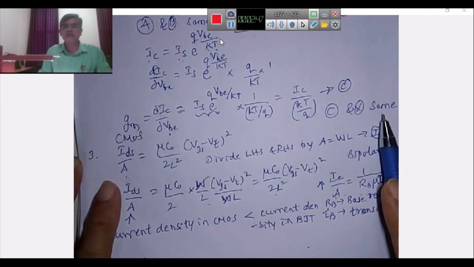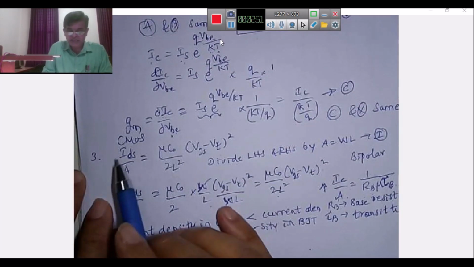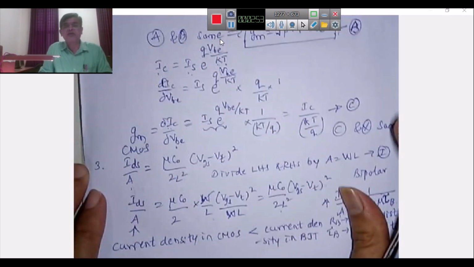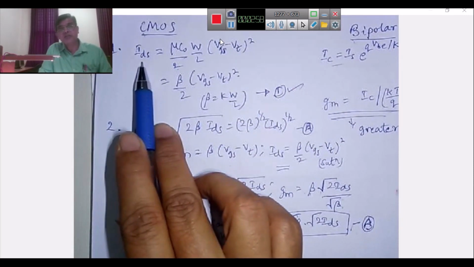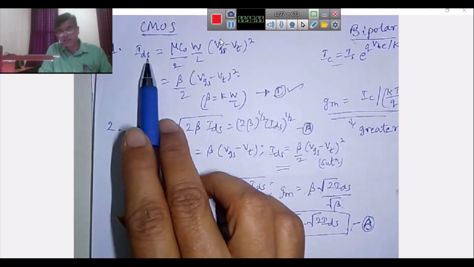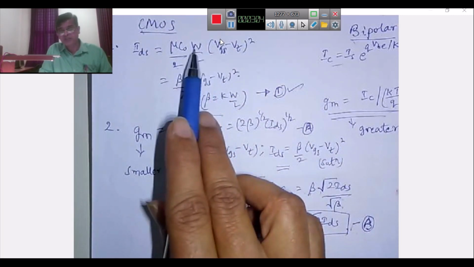Now, the next parameter is current density. Suppose the current density is IDS, what I have written here. Simply, I divide this by the cross-sectional area of the MOSFET. What is the cross-sectional area of the MOSFET? It is W into L, channel width and channel length.